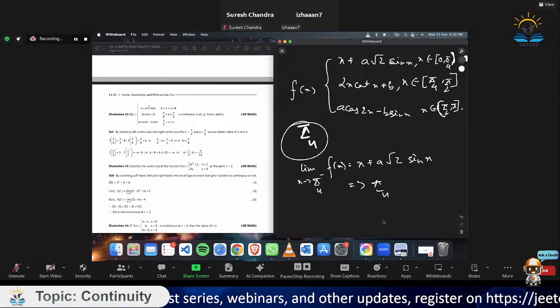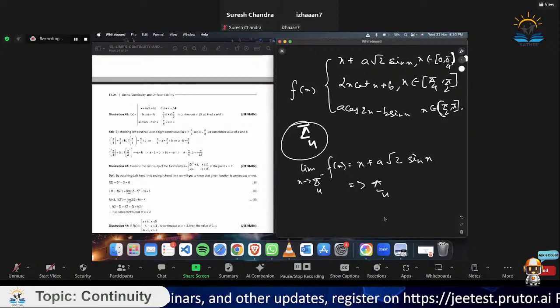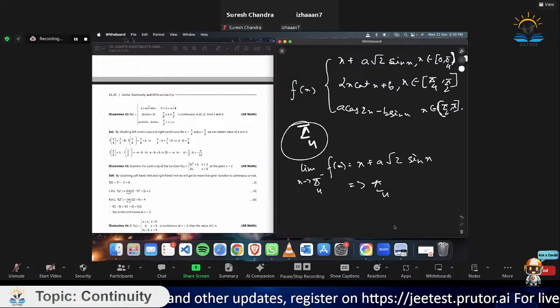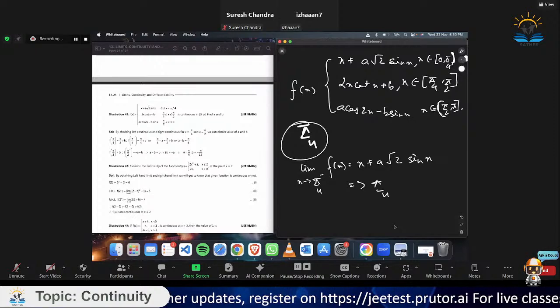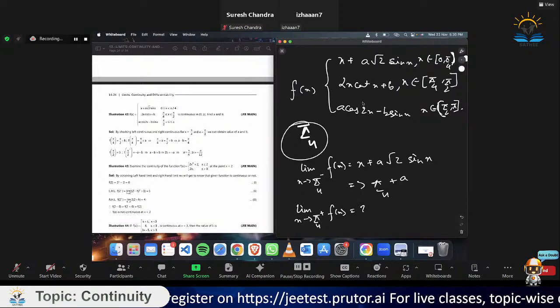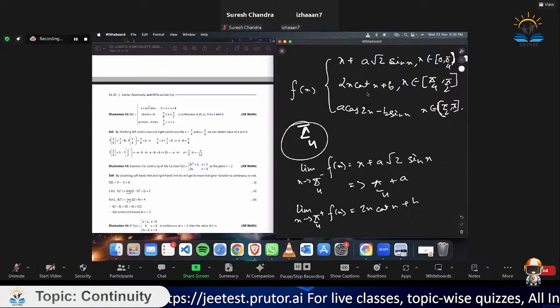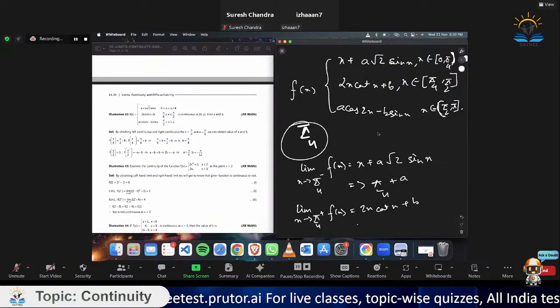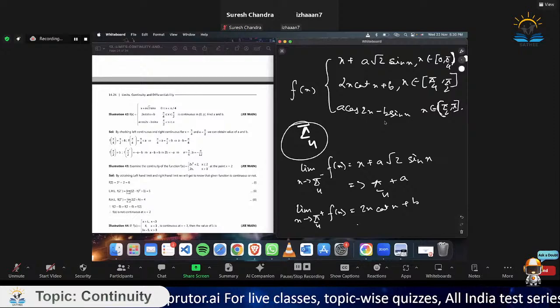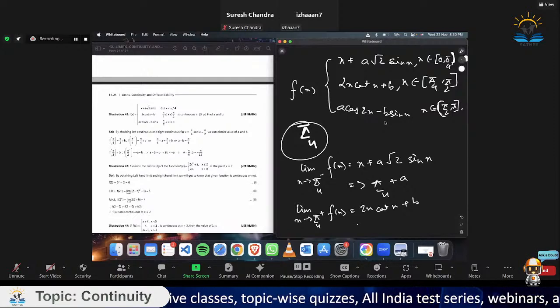Now left hand limit, that means pi by 4 minus f(x), should be equal to RHL. So we are being left with pi by 4 plus a equals pi by 2 plus b, and a minus b equals pi by 4. एक इक्वेशन तुम लोग को यहाँ से मिल गई.